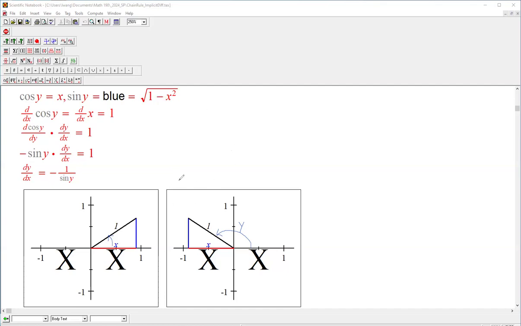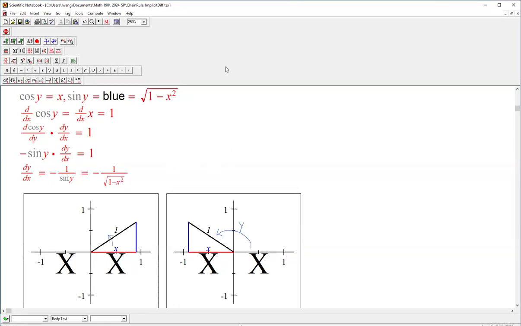So in either case, we get sine of y equals the square root of 1 minus x squared. So if we plug in here, we will get negative 1 over the square root of 1 minus x squared.